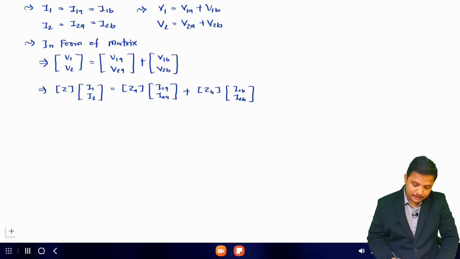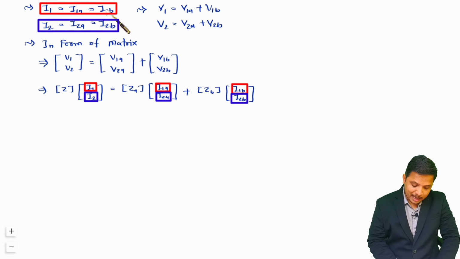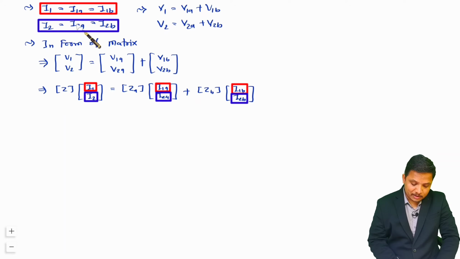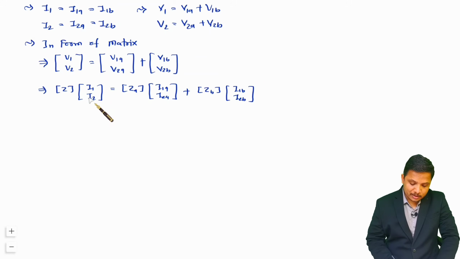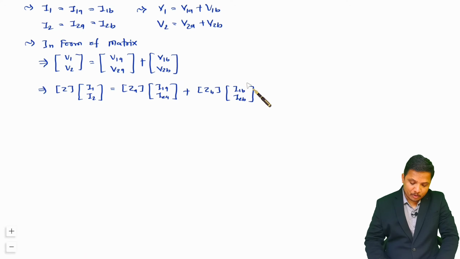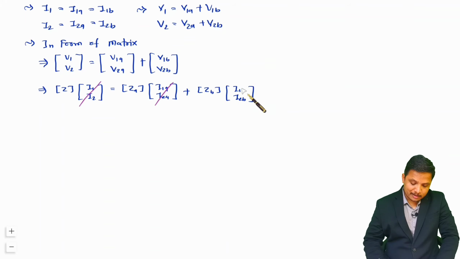Now my dear students, this I1 equals I1A and I1B, and this I2 equals I2A and I2B. So what it means is that this I1, I2 matrix is the same on both sides, so I can cancel it out from both sides.